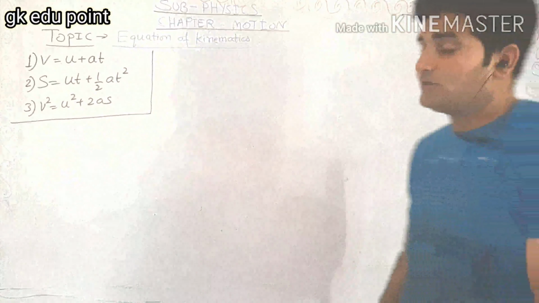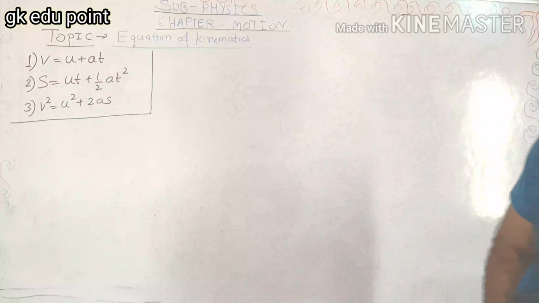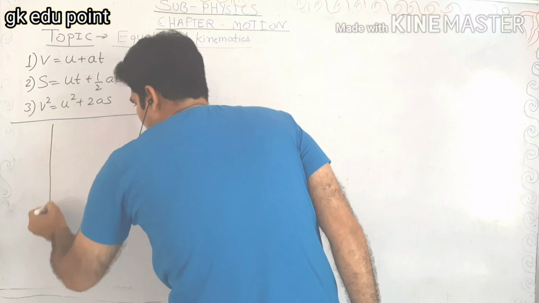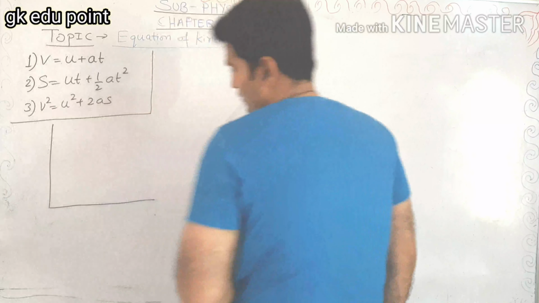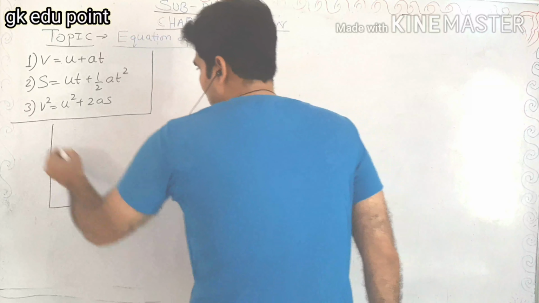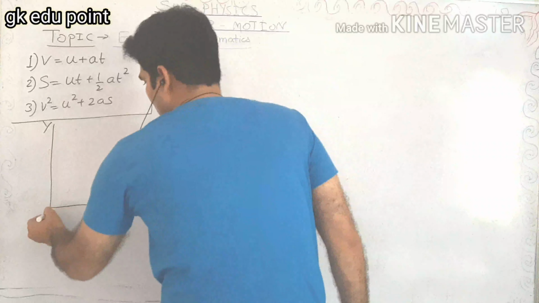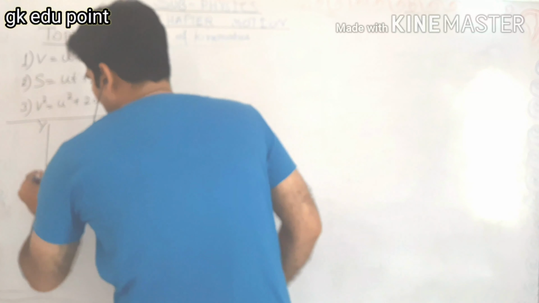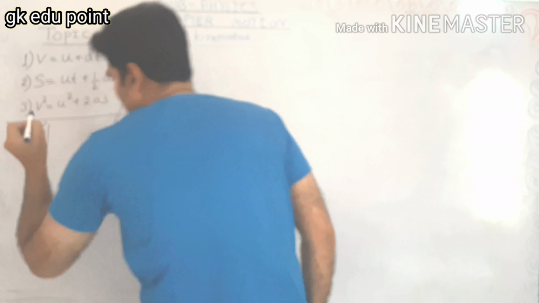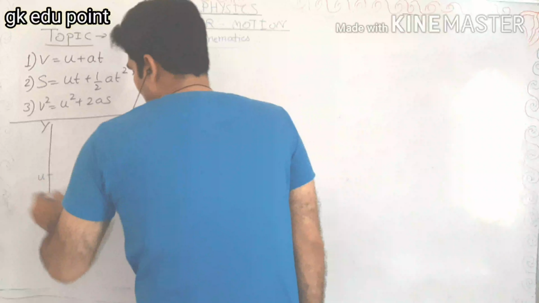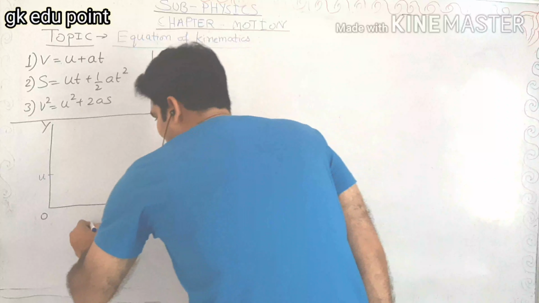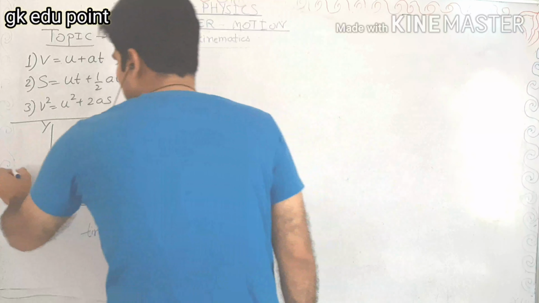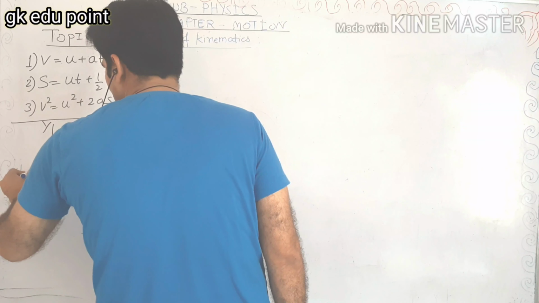By the graphical method, firstly we have to draw a velocity-time graph. For example, we take an xy plane, that is our origin. At a particular instant there is a velocity u initially. On the x-axis we take time, and on the y-axis we take velocity.